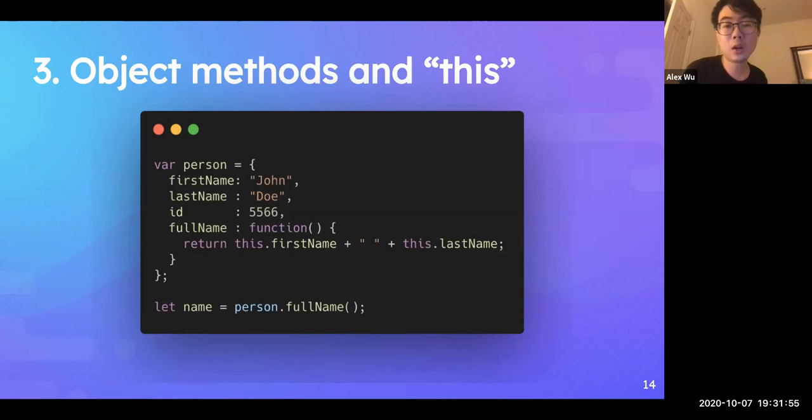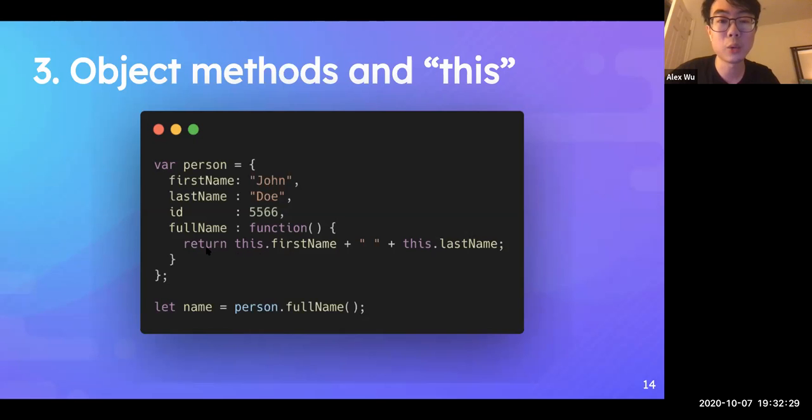Okay, and how does the function access the first name and the last name of the person object? We do this by using the this keyword, which is a way for us to access properties within an object. So say you define a person object like this, and you can access the first name property through this dot first name, and this will grab the property from first name.